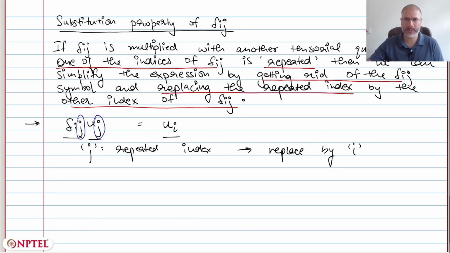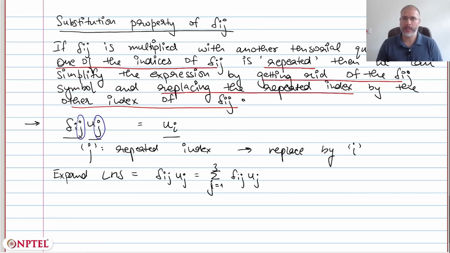In fact, let's expand it. It's not very difficult to understand this property by expansion. So let's do that and get a feeling of it. Let's expand the left hand side. You have delta ij uj, and this is basically j going from 1 to 3.